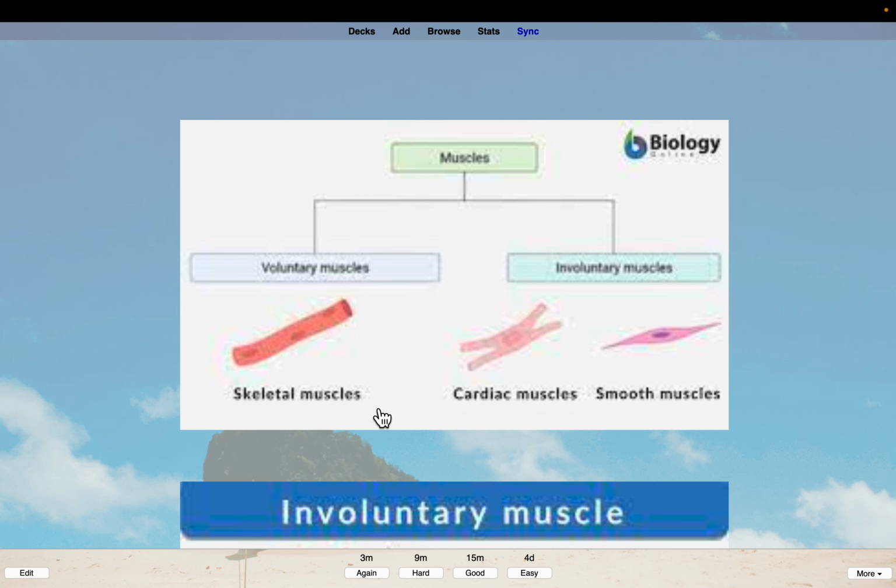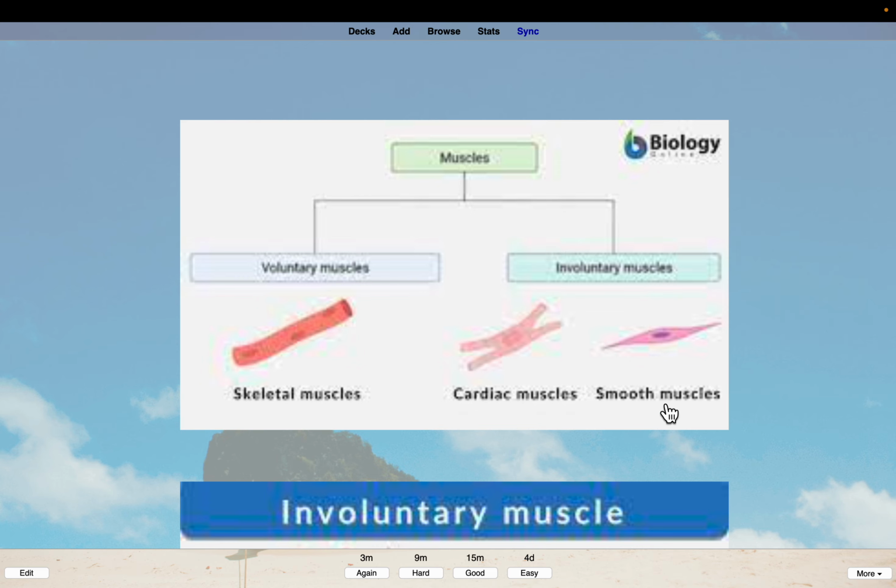So yeah, skeletal muscles are muscles that encompass skeletal bones in the body. Your arms, your legs. To be safe, those are just the skeletal muscles. I believe there are some more, but yeah. Involuntary muscles, we have cardiac and smooth muscles.